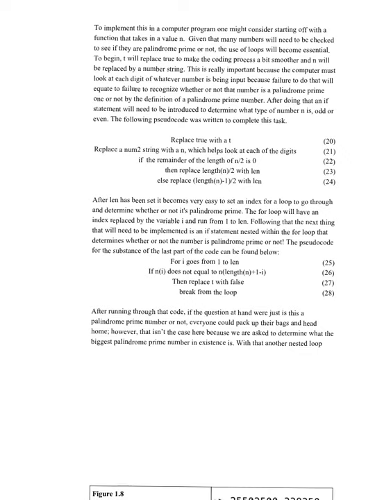Because in order to determine if it is a palindrome prime, the number order is critical, right? We need to think about, are the numbers the same going forwards as they are going backwards? And so that was the idea here. And then we're talking about the length and replacing it with len. And that first set of code, 20 through 24, was actually establishing whether or not it is a palindrome prime.